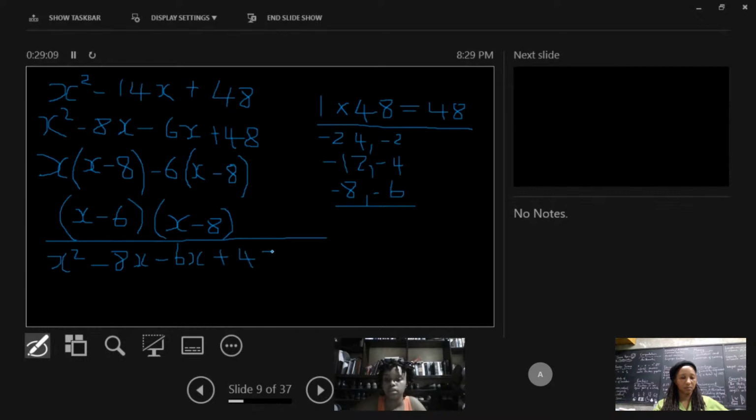And we can simplify the 8x and 6x, so it would be negative 14x. So x squared minus 14x plus 48. Okay, which is just what we started with, right? Yes, miss. Okay, so thank you, Imani.